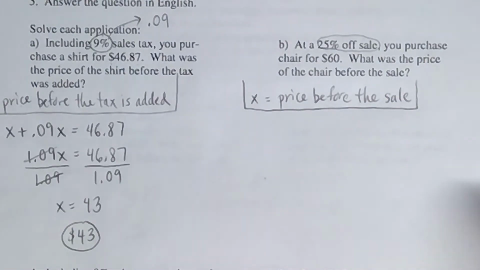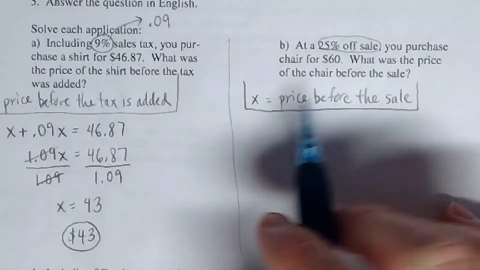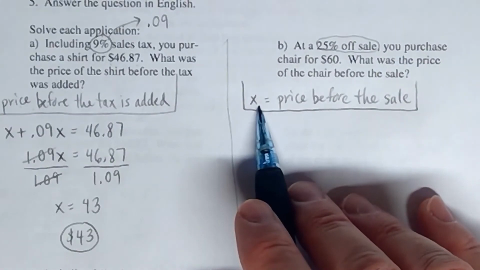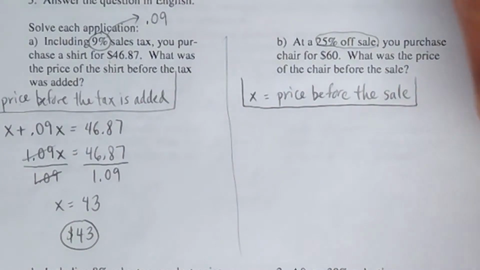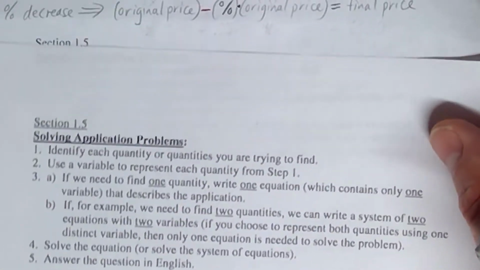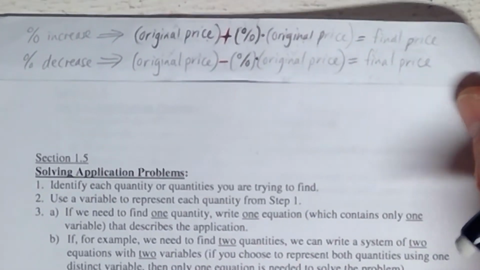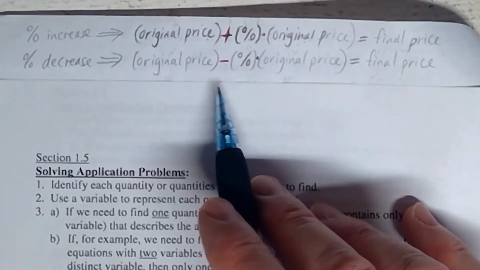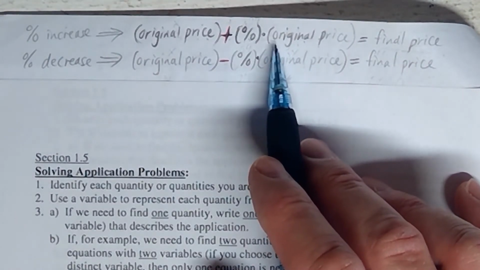That is what we're looking for. There's the variable. Again, you can use any letter you want. I used X. Now, since it's percentage decrease, good news, you guys. It's almost the same exact formula. That'll make it easier to remember. Almost the same exact formula as the first formula here.